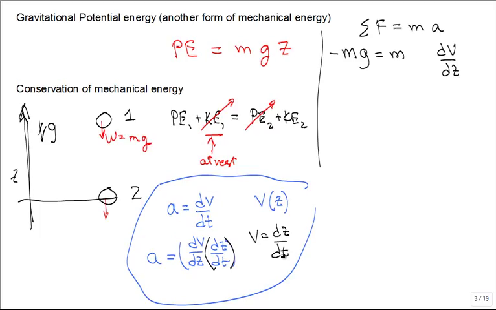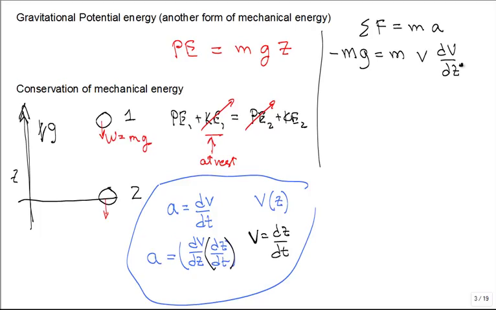In the positive? If v is negative, which way is the object going? Falling. It's falling, not rising. True? So dz/dt is v. True? So I'm going to put that right in here. That goes right in here. V dv/dz. All right.